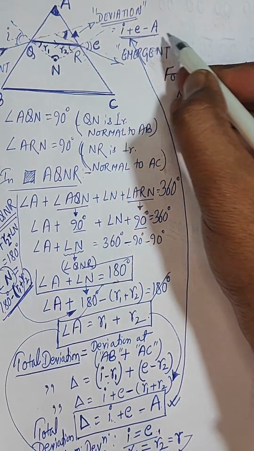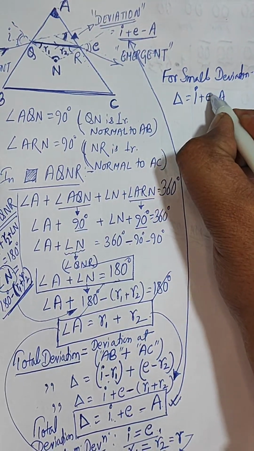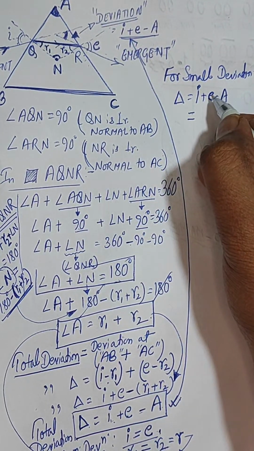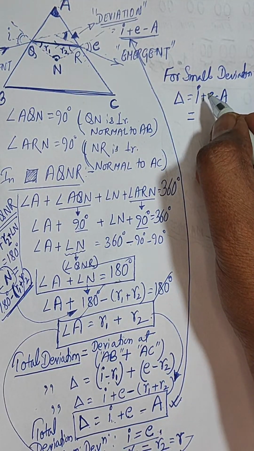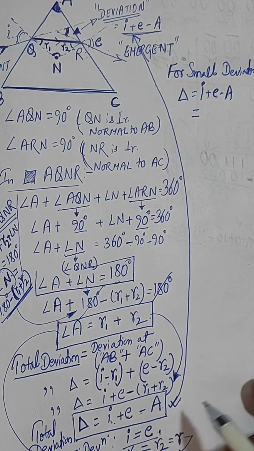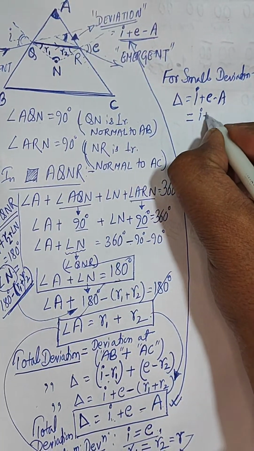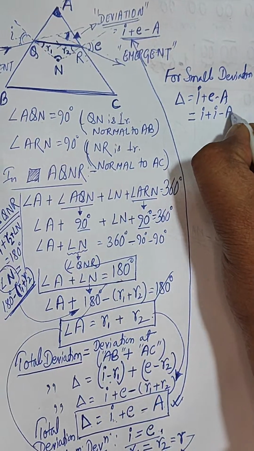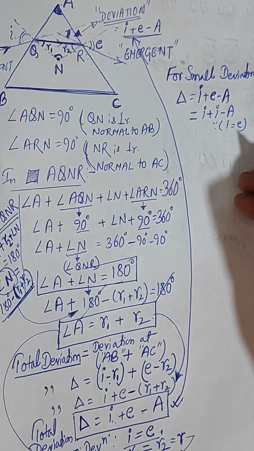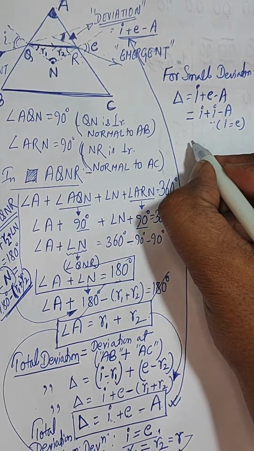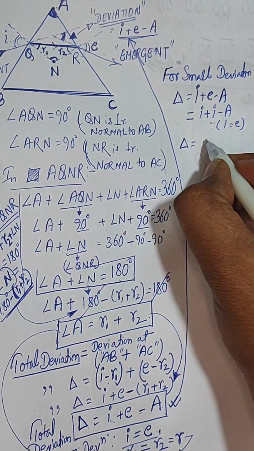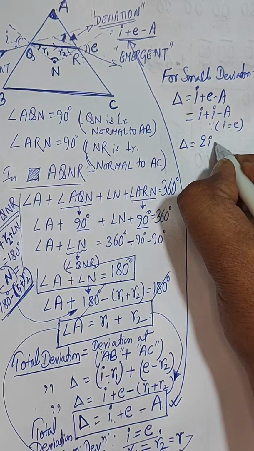So we can write I plus e minus a, and I is equal to e here, right? So we can write I plus I minus a, because I is equal to e. So this will show you the deviation delta is equal to 2i minus a.